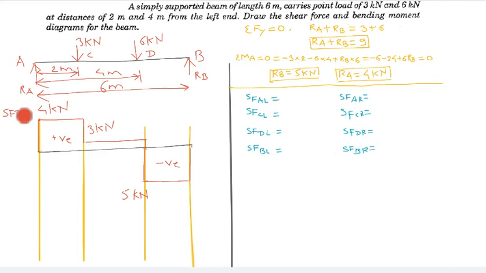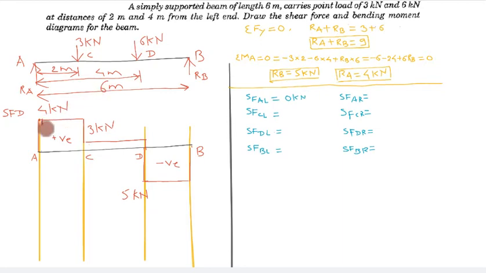So at point A, if you consider the left side of point A, there is no force to the left of A, and no shear force diagram is there. So shear force to the left of A will be equal to 0 kilonewton. Then to the right, it will have some value.